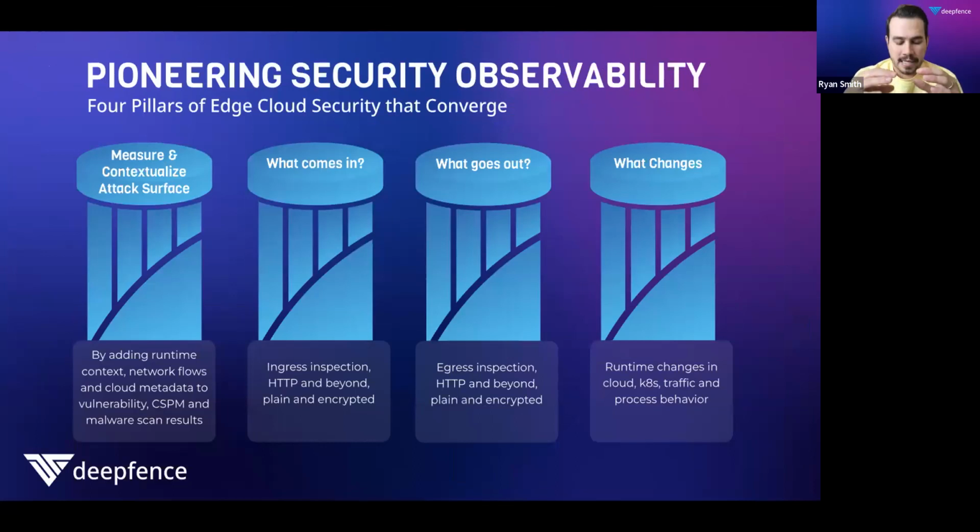So once again, what is the key to security observability, attack path identification? Well, for us, it's these 4 pillars that really converge. And unless you're adding these 4 contextual pillars to your environment, then you're just getting vulnerabilities ranked by severity and CSPM results ranked by severity.